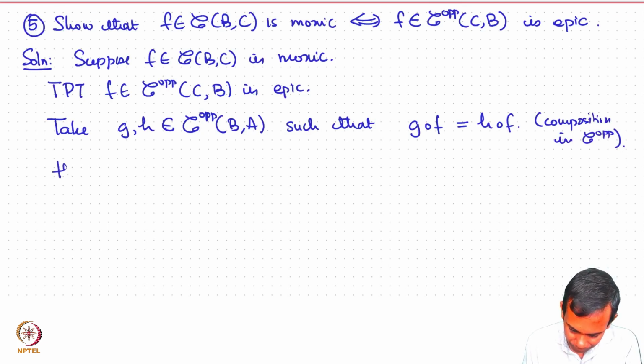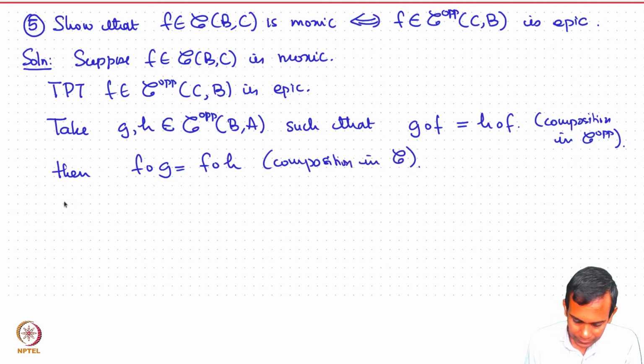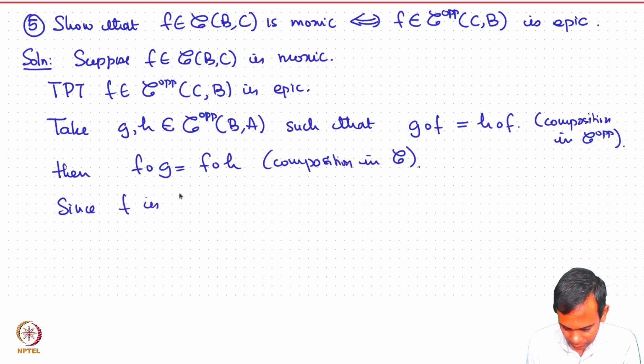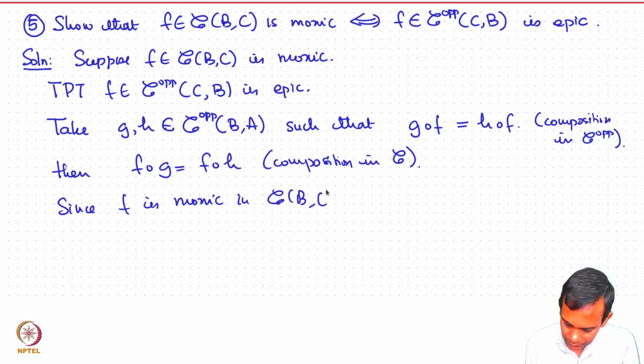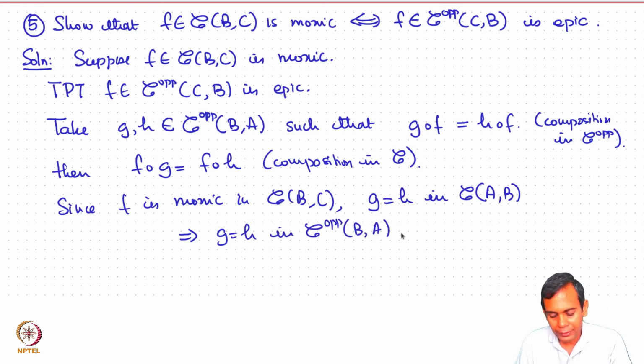Then F circle G is equal to F circle H. This is composition in C. And since F is monic, in C(B, C), what we have is G is equal to H in C(A, B), which is the same as saying that G is equal to H in C op(B, A), and therefore F is epic.